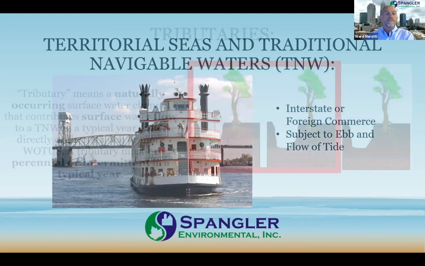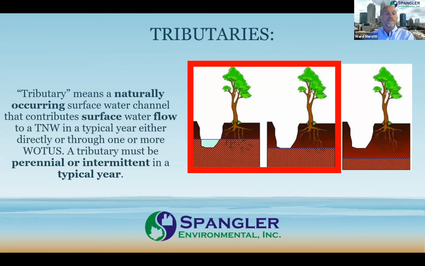Tributaries are naturally occurring surface water channels. This new round specifically excludes ephemeral channels. Those two on the left show perennial all the way on the left and intermittent in the center there. You can see the water table is depicted as that kind of hatch on the bottom with the blue line on the top, and all the way to the right is an ephemeral channel.